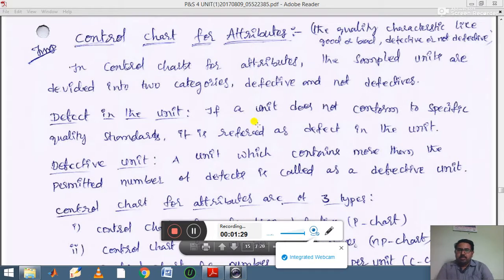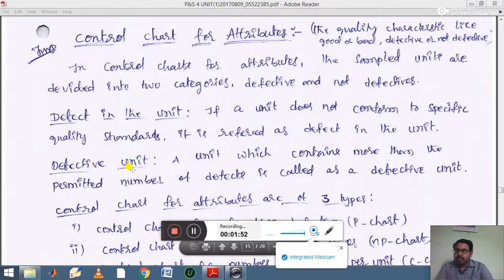So if you get any one defect or any problem in one unit or one product, it is regarded as a defect. If a unit does not conform to specific quality standards, it is referred to as a defect in the unit.